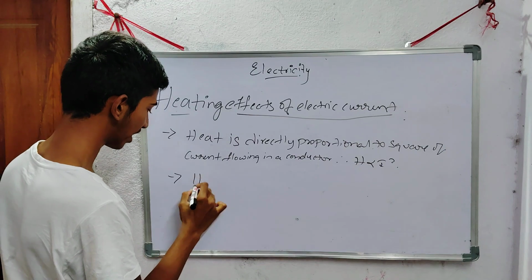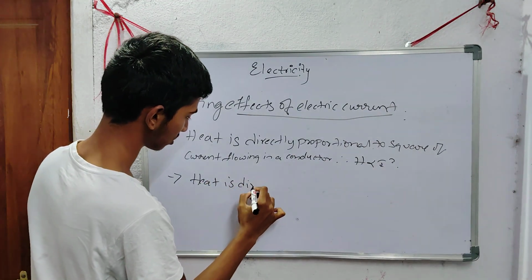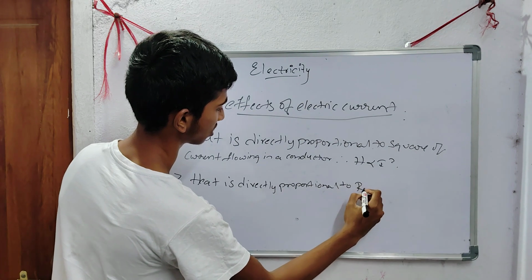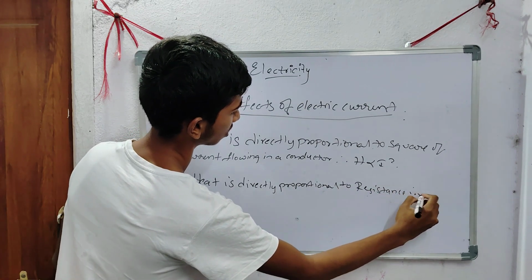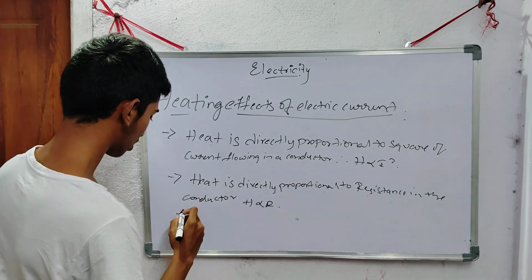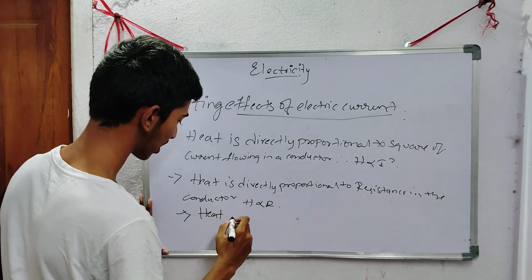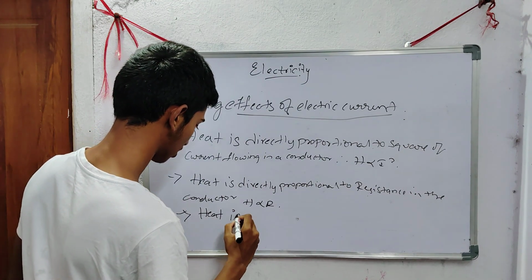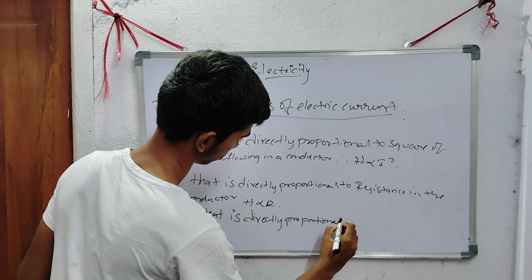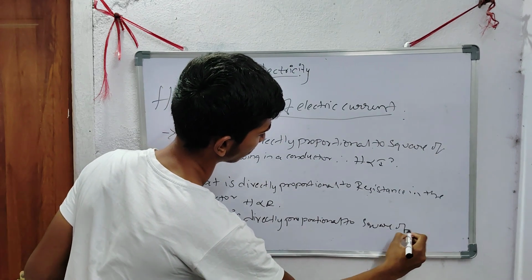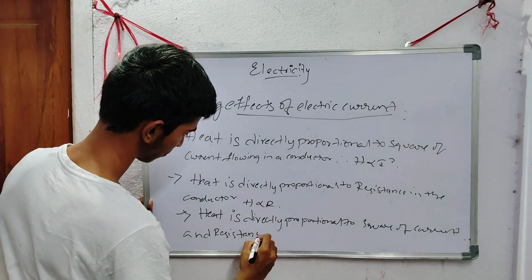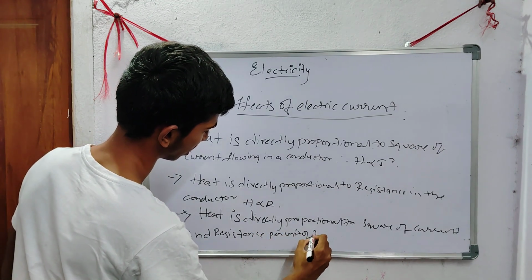The second one is heat is directly proportional to resistance in the conductor, H proportional to R. Third, heat is directly proportional to the time.